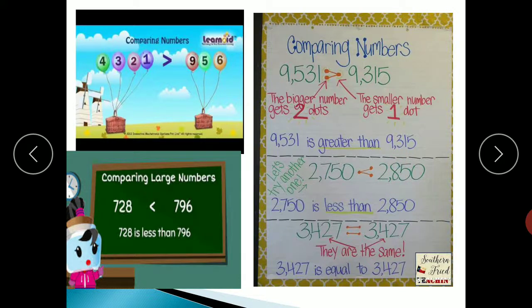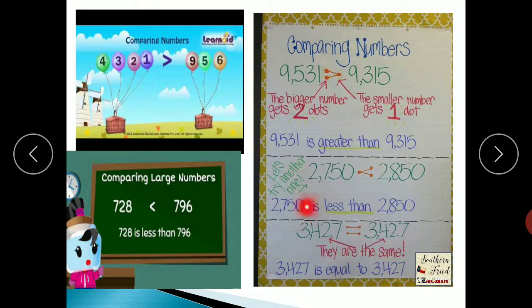Now which is the greatest? This is the greatest number, 2850. Now we can write it in another way: 2750 is less than 2850.